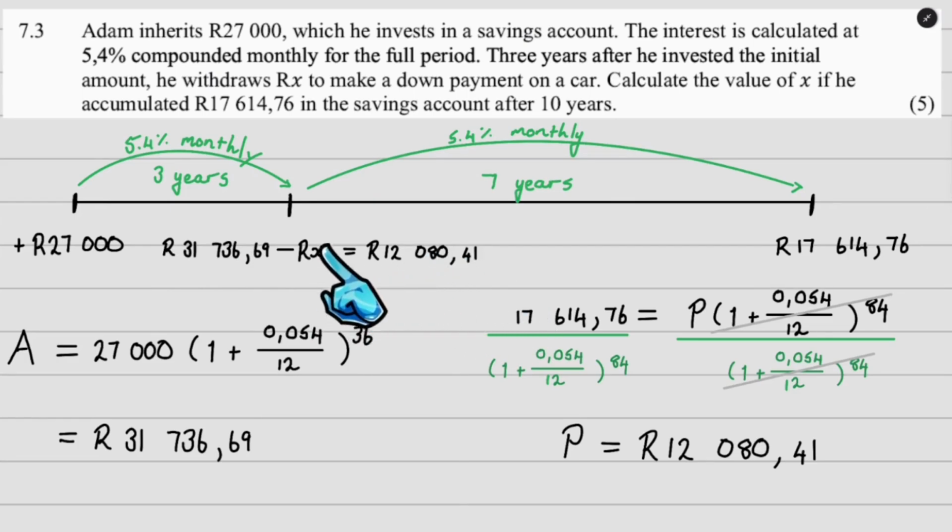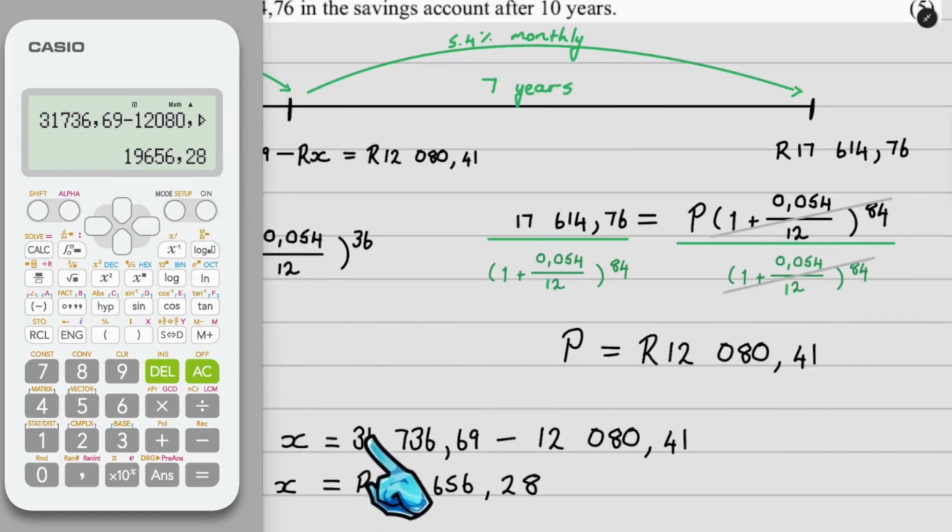The difference will be the deposit he withdrew to pay the down payment on his car. And then that goes straight in the calculator, press equals, and you get 19,656 Rand and 28 cents as the withdrawal that Adam made.